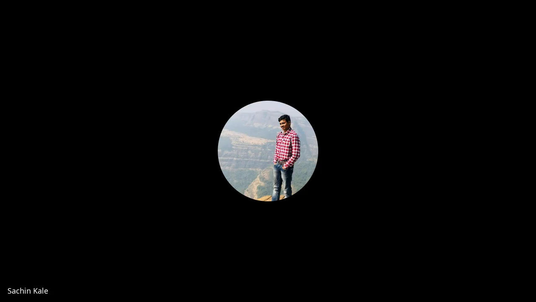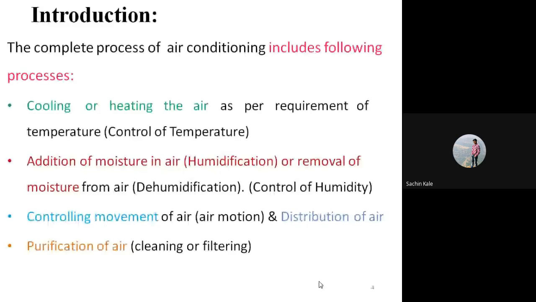If that air contains contaminants or some odor, then the human being will not feel comfortable. So along with these three parameters, a fourth one is also that important. That means you have to ensure that the conditioning air is clean as well as filtered air, called purification of air.